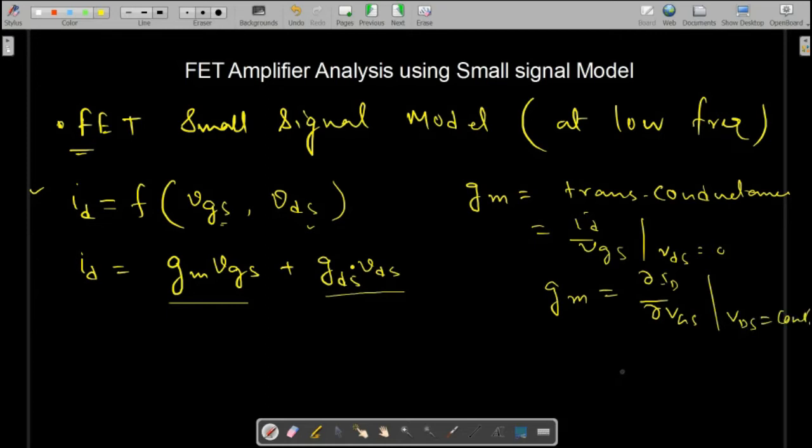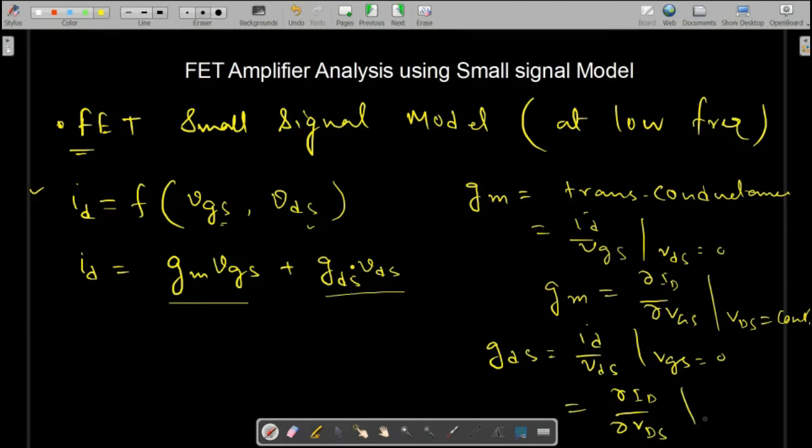The gm is called the transconductance, del ID by del VGS when VDS equals constant. Similarly, can you tell me what will be the definition for gds? gds is equal to ID by VDS when VGS equals 0, or in derivative form, it is del ID by del VDS when VGS equals constant.